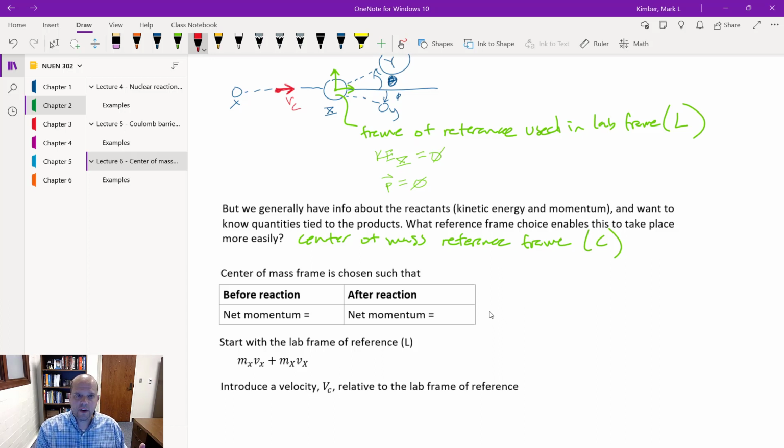And so this reference frame has both the target and the projectile coming together and colliding at the reference frame, basically.